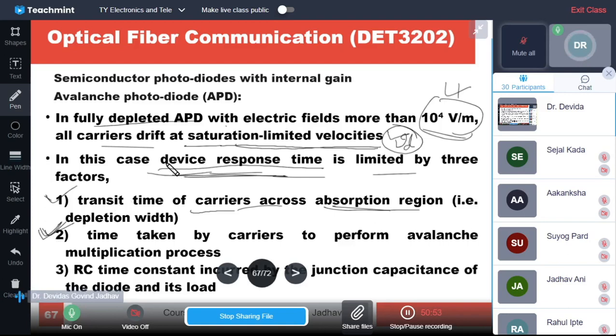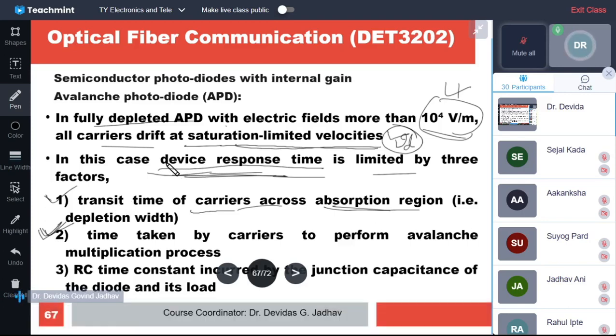In PN and PIN diodes the second factor is not observed, because in PN and PIN there is no avalanche multiplication process. The avalanche multiplication process is the factor affecting the response time.